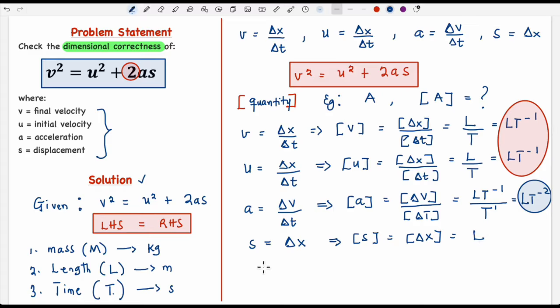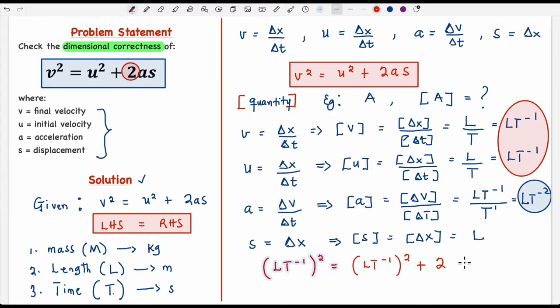So let's see. Now we have v squared. So v squared would mean we have LT to the power minus 1, that is v, however that is squared, equals u squared, so that would mean again LT to the power minus 1, also squared, plus 2. Again, I mentioned this 2 is a constant, so it is dimensionless.